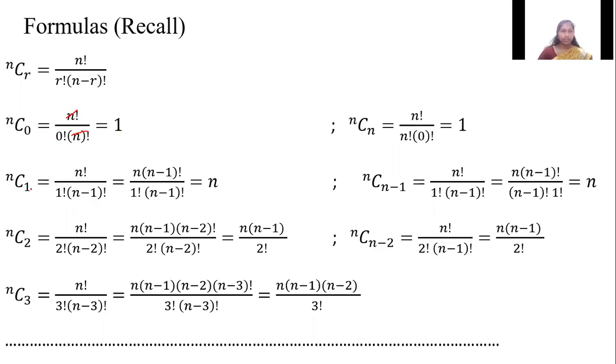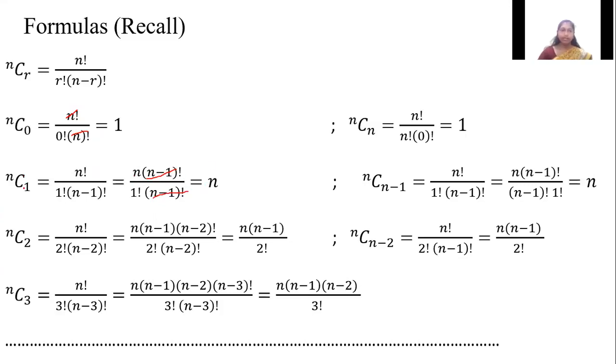And now let us check with the second term and the second last term. It is nC1 and nCn minus 1. According to the formula, it is n factorial by 1 factorial into n minus 1 factorial. And n factorial you can write as n into n minus 1 factorial, so that we can cancel n minus 1 factorial, and what remains is n.